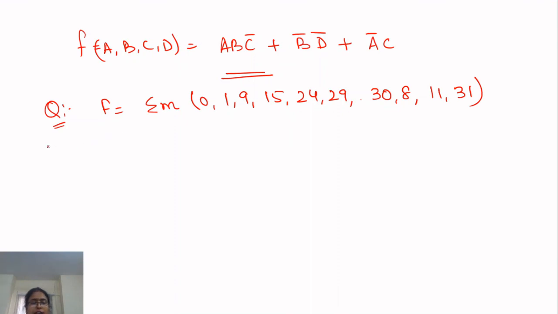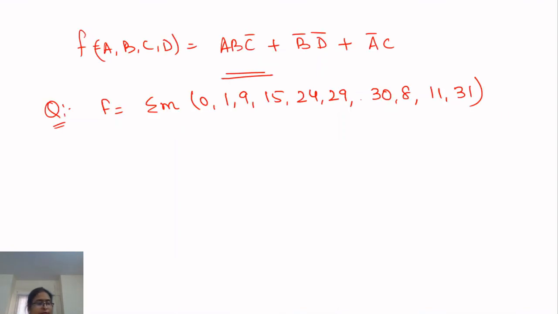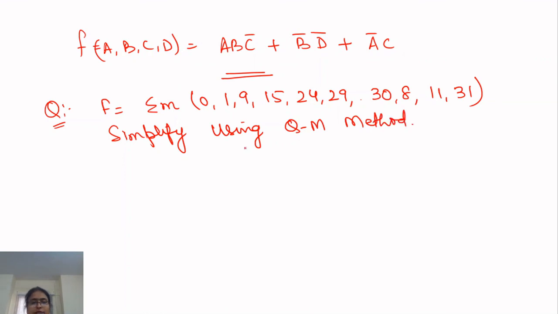As you can see, this is a 5 variable map. What you have to do, you have to solve this by yourself using QM method. So simplify using QM method. So this is your homework, you have to do it.